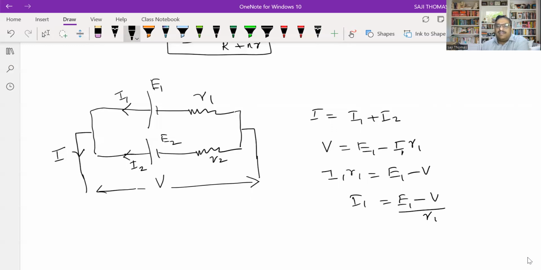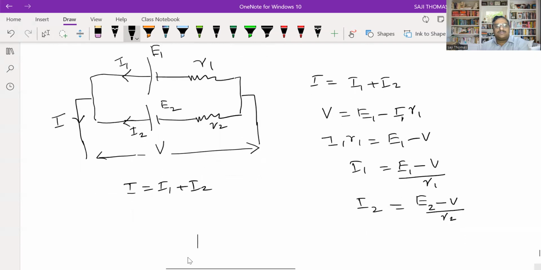In the same way, we can write I2 for the second cell: E2 minus V by R2. Now, what will be the total current? We have to add these two currents. So I equals I1 plus I2. Now we can put these values.